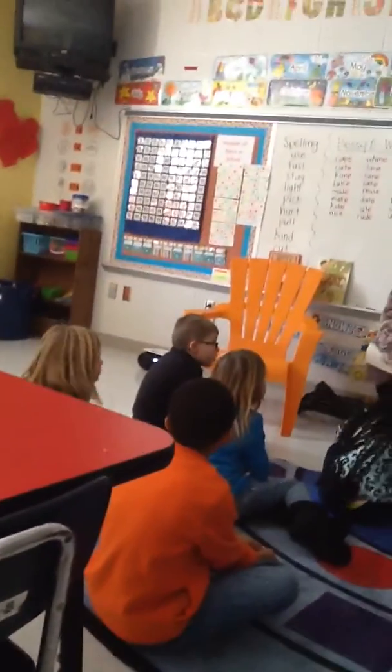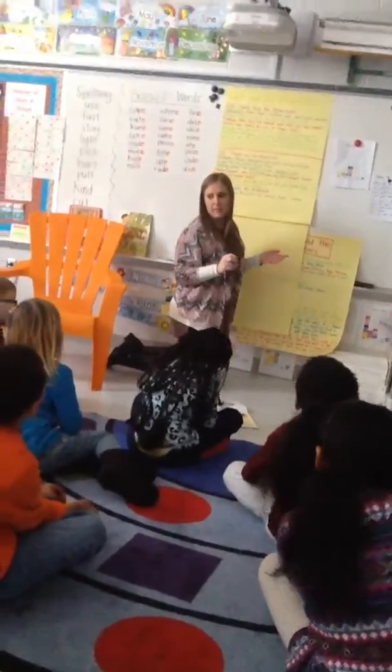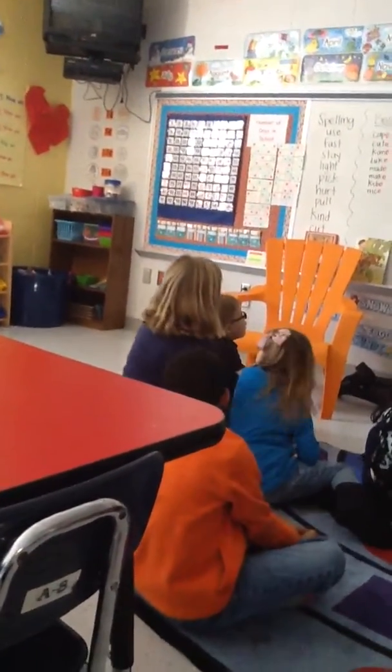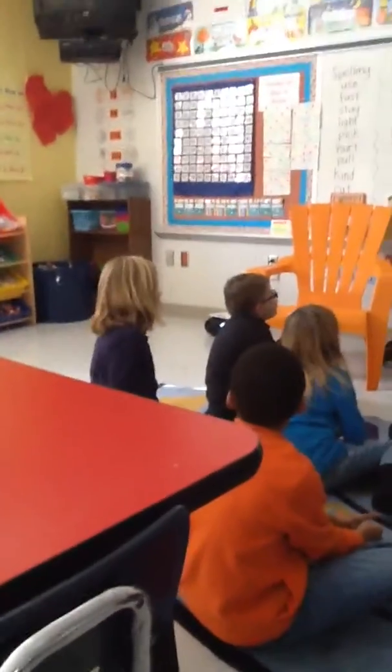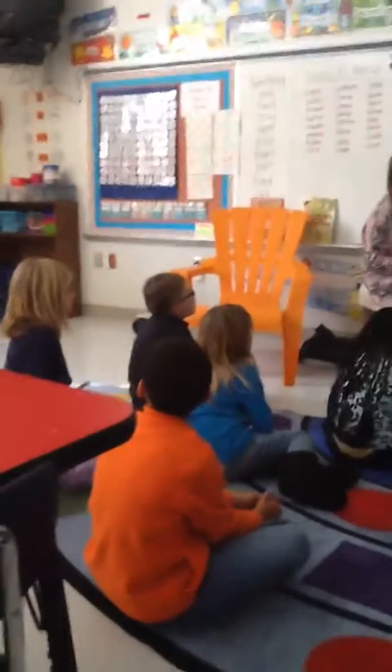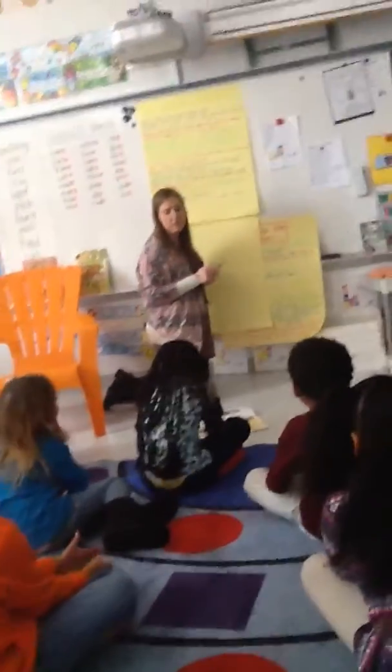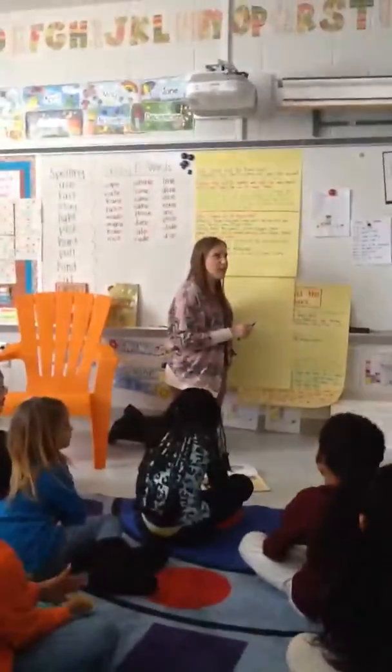Okay, who else? Alex? It looks like Kate was a little bit upset. Kate was upset when her mother got angry with her, but who were our other characters? Madeline? The fairy. And does anybody remember anything special about the fairy and the beggar?